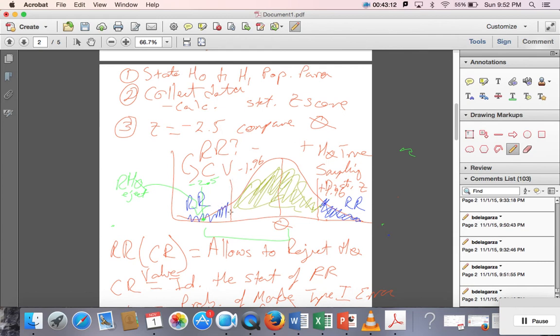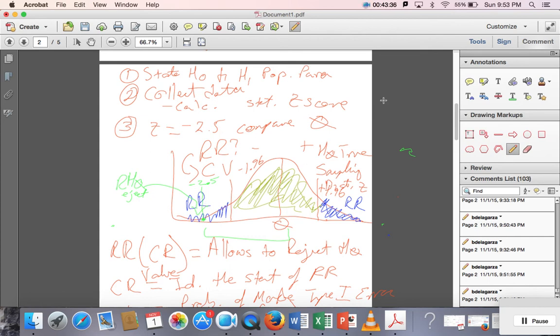So here again, 1.96 is the minimum value that my statistic has to meet. In this instance, it fell to the left of negative 1.96, so it lands inside the region of rejection, thus allowing me to reject the null hypothesis.